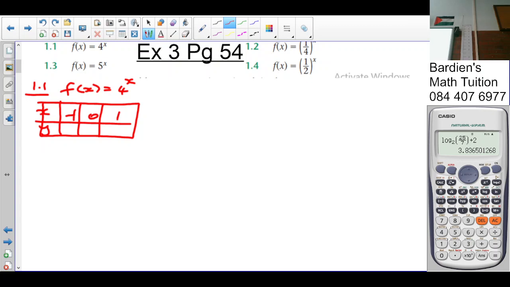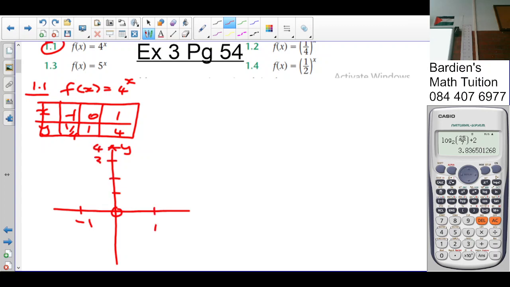If I put negative 1 in, I get a quarter, then 1 and 4. So if I draw this here, minus 1, 0, 1, 1, 2, 3, 4. Minus 1 gives you a quarter, which is very close to the x-axis. 0 gives you 1, 1 gives you 4. The graph is going to come through like that.